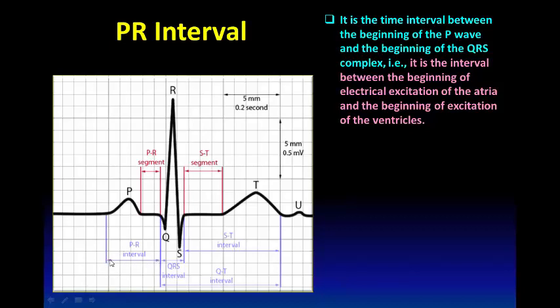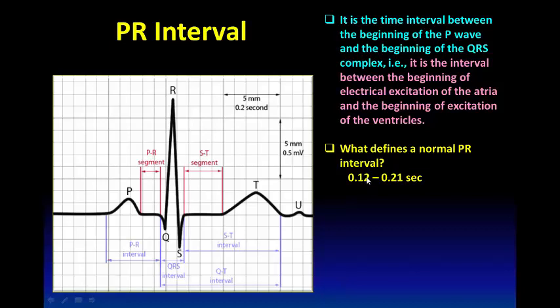So it is the interval between the beginning of the electrical excitation of the atria and the beginning of the electrical excitation of the ventricles. A normal PR interval has a duration of 0.12 of a second up to 0.21 of a second.